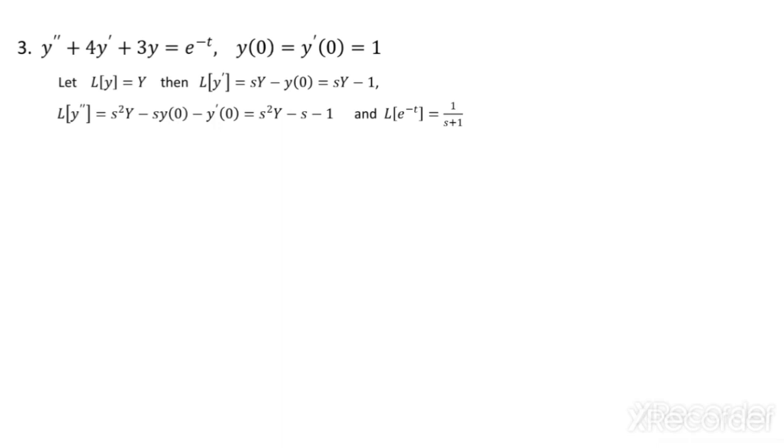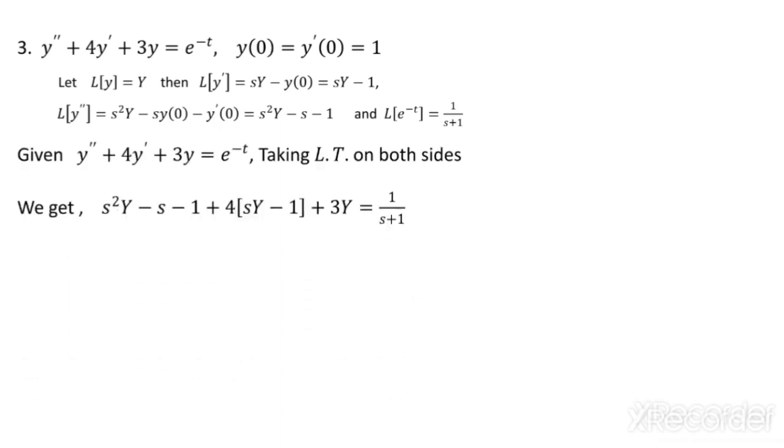So what I got is: Laplace transform of y dash is s into capital Y minus 1, and y double dash is s square Y minus s minus 1, and e power minus t, for that matter, Laplace transform is 1 over s plus 1.